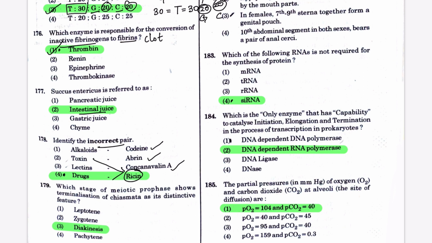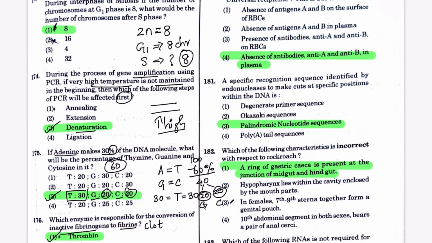Okay, 179, which stage of meiotic prophase shows terminalization of chiasmata as a distinctive feature? Chiasmata are the X-shaped structures formed as a result of recombination. And these chiasmata terminalize at the stage of diakinesis. So terminalization of chiasmata is a feature of diakinesis. Right.